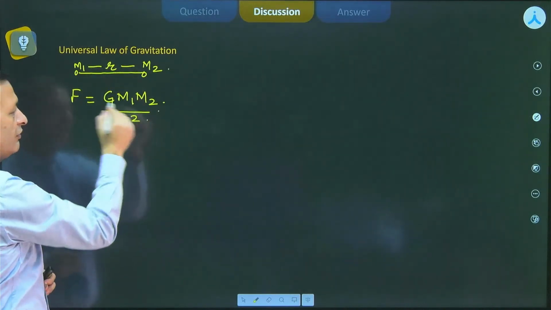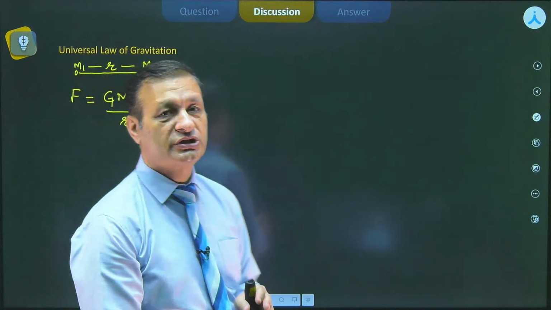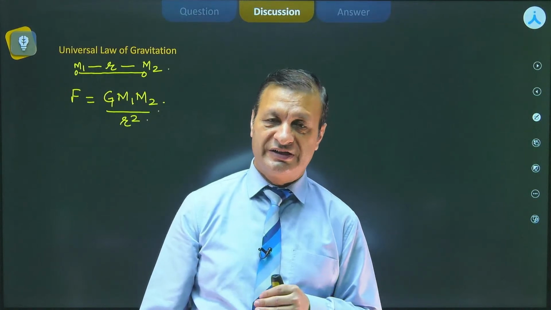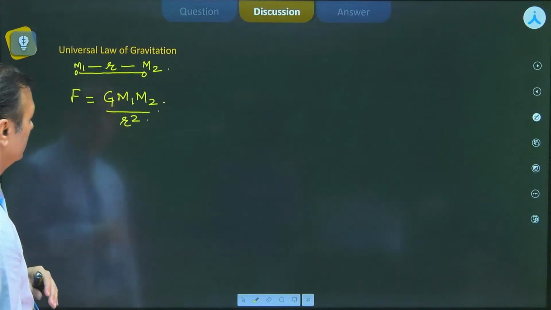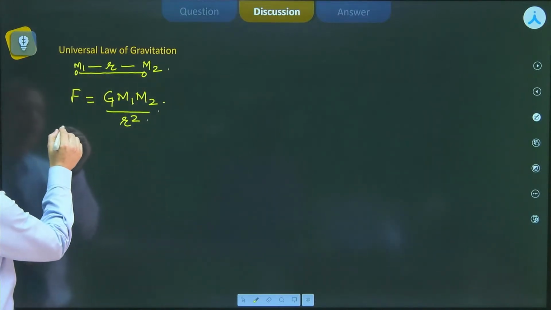So this is following the inverse square law. This is Newton's law of gravitation. Now this is a formula between these two masses.